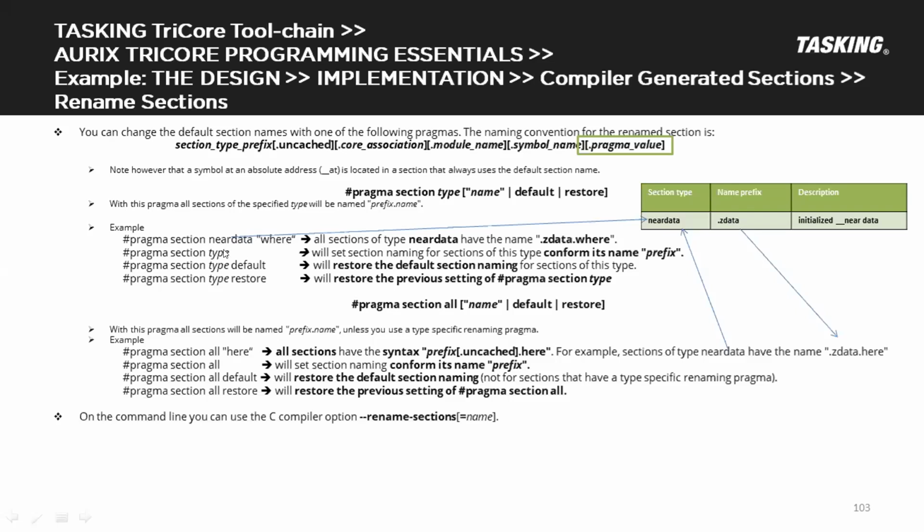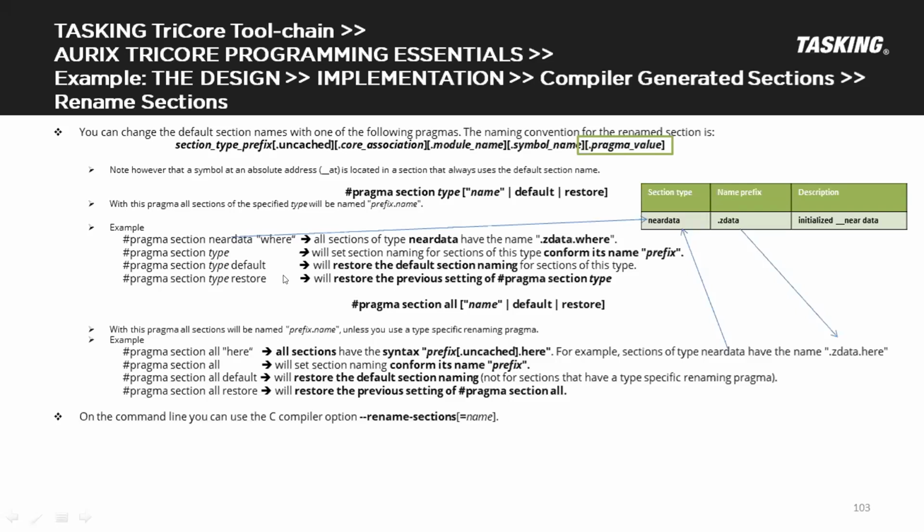And sometimes you could use the other variants as well. You could use, for example, pragma section and then put the type and default. This will restore the section to its default prefix for this type.